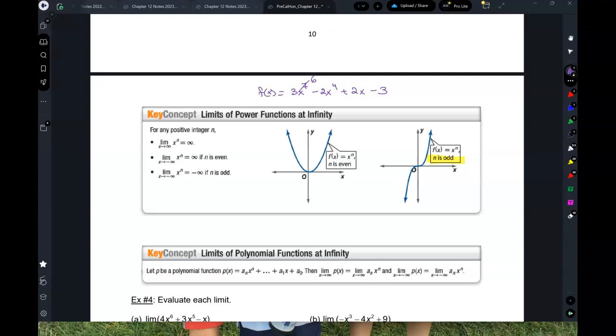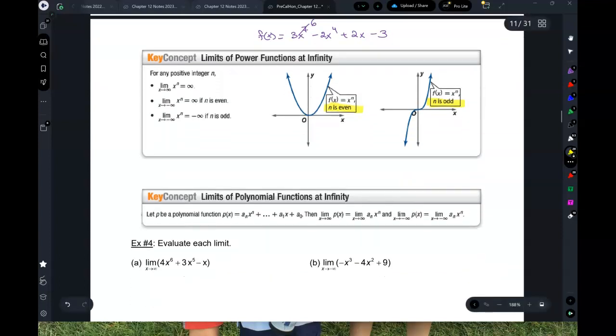You just have 3x to the 6. Then that reduces to a power function where n is even. And if I have an odd exponent, I know that it goes up to infinity to the right, down to the left, and so on. So that's all I need to do.